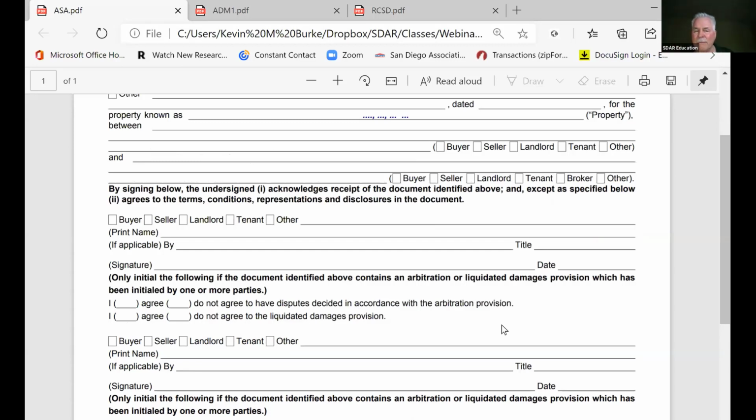I'm not having anybody come back to me later on saying, well, I didn't want liquidated damages to apply, or I did want it and I didn't sign it, or one of the 4 didn't sign it and now I got a problem. And then down here, it even says to initial only if the document contains arbitration or liquidated damages, which has been initialed by 1 or more of the parties. And so, yeah, I agree to it, I don't agree to it, that's all. And that's why I like that form.